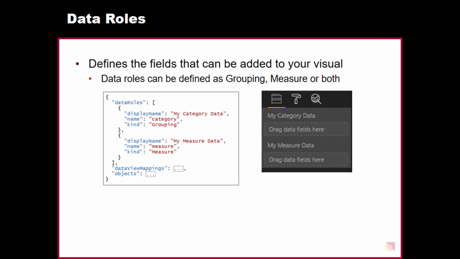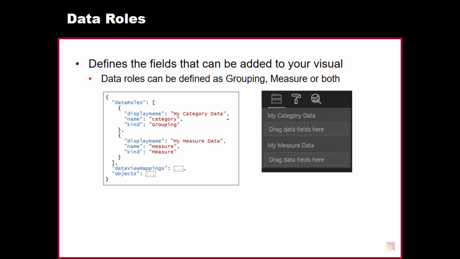So first of all, data roles is how you define what fields you would like the user to add to your custom visual. Now note that there is a kind. And the idea of kind is that for every particular data role, you get to specify whether it's going to be grouping, which would be string-based data or categories, or you have a measure.